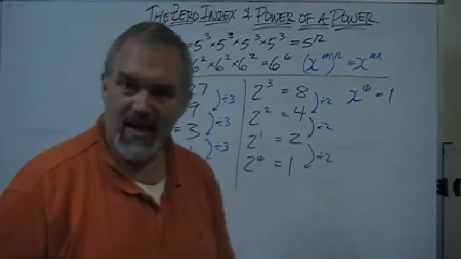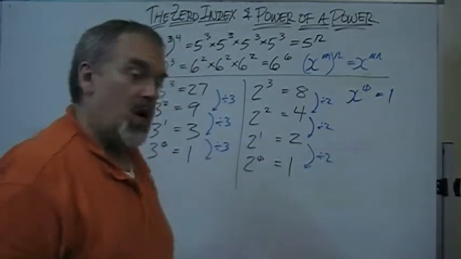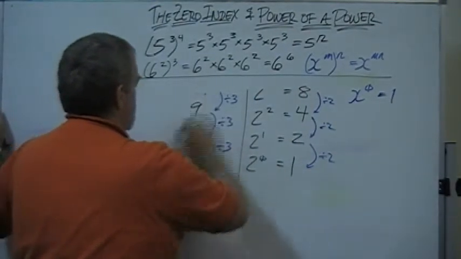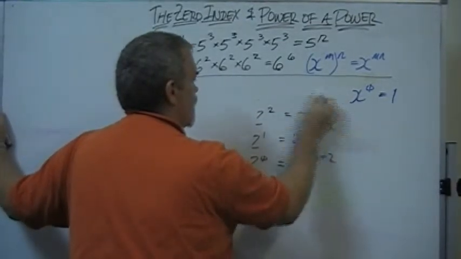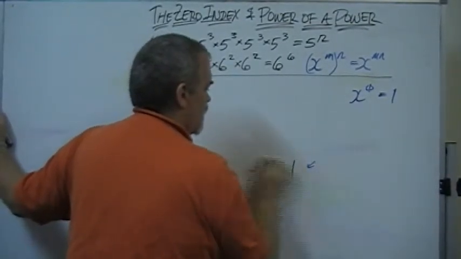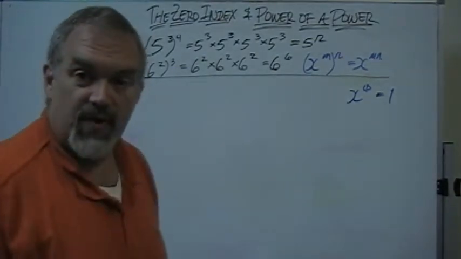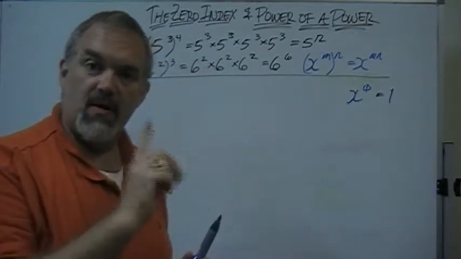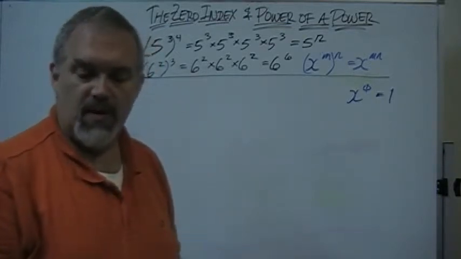Anything other than 0 to the power of 0 is just 1. By the way, these examples all involve numbers, but the same is true if we have a pronumeral. If I had x to the 0, that would be 1. If I had z to the 0, that would be 1.